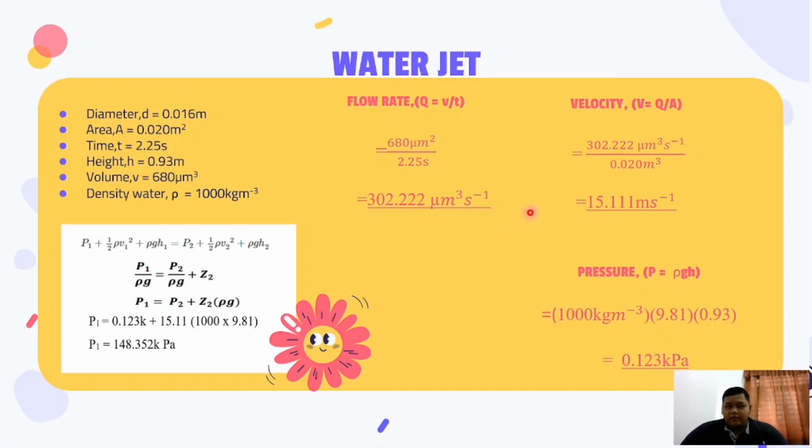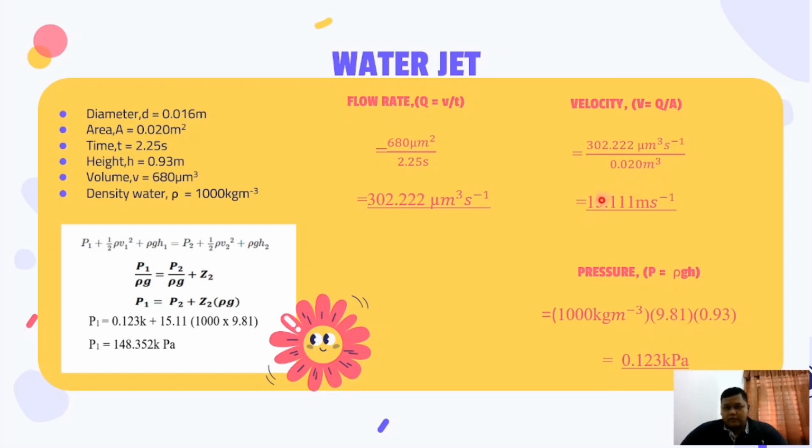Next, we calculate the velocity of the water jet. The formula that we use is velocity equal to flow rate over the area. The flow rate that we get before this is 302.22 micrometer cube per second, and the area that we get for the pipe is 0.020 meter cube.